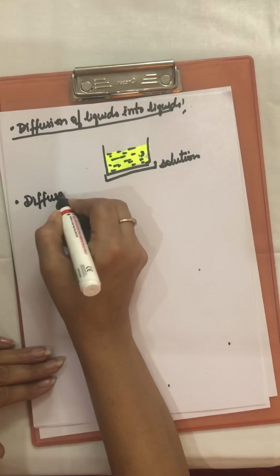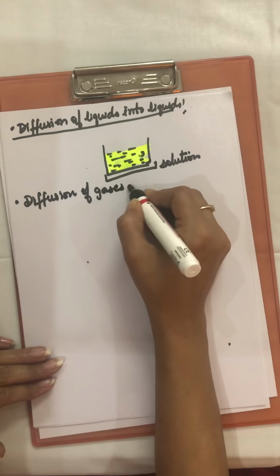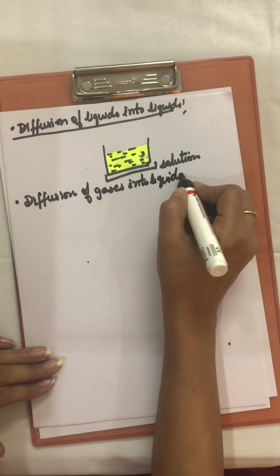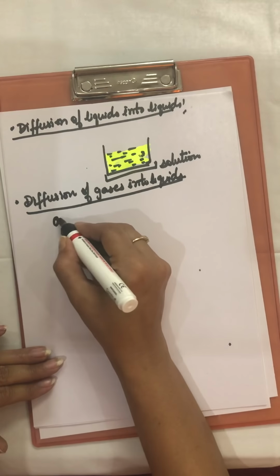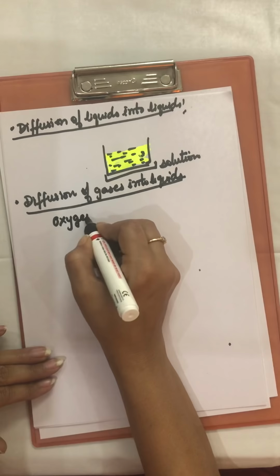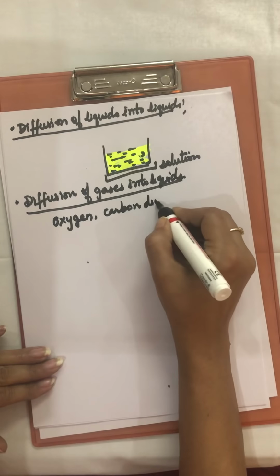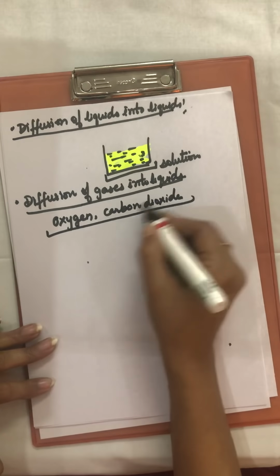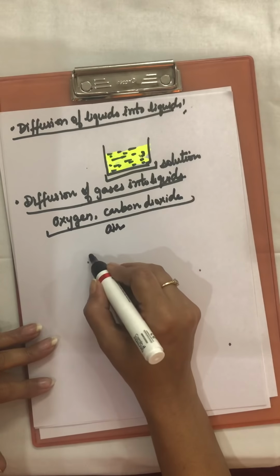Diffusion of gases into liquids. Some gases like oxygen and carbon dioxide, which are in air, diffuse into the water.